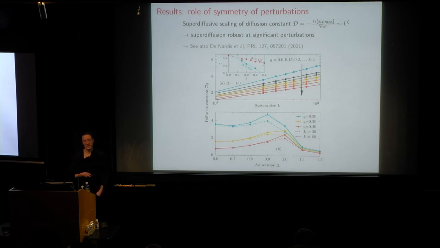Yes? So how much should I really trust that? I would expect that you get maybe some mixture of diffusion and subdiffusion. If I have a sum of two power laws and I fit it with a single power law, it will look like some intermediate thing.